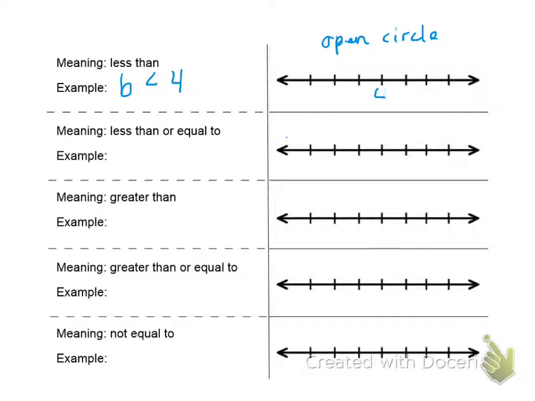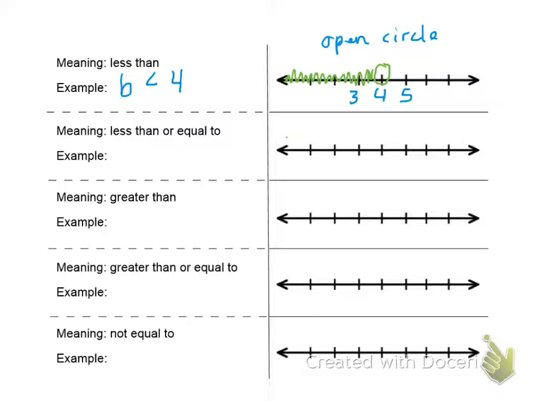And we need to number our number line. And as far as I'm concerned, you can just label the number 1 less than and 1 greater than. And that's plenty to be able to tell what we're talking about. All right, so at 4, we're going to do an open circle. And then remember, because it says less than, we're going to shade where it's less than.